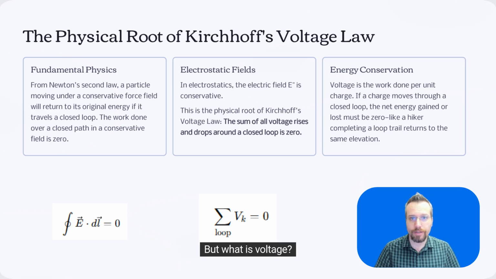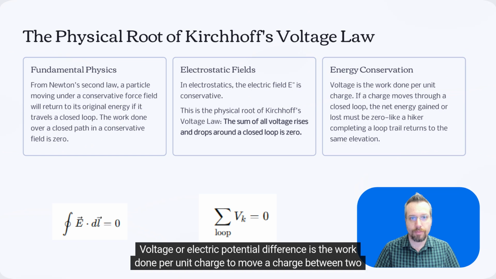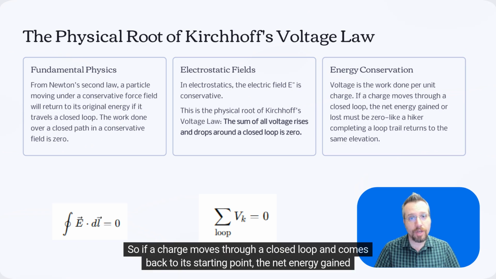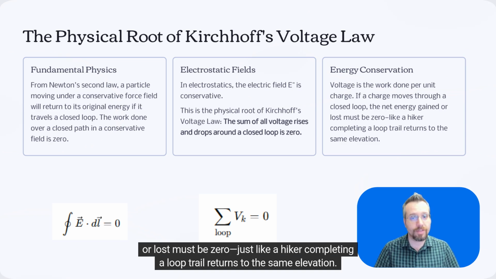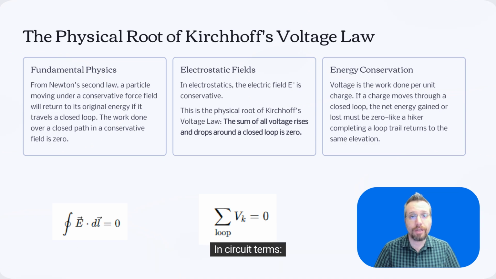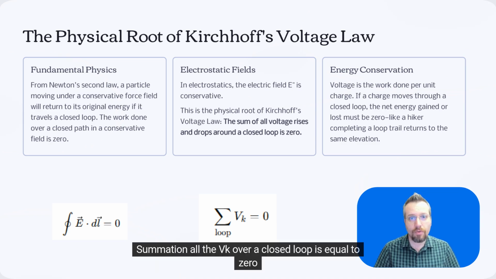But what is voltage? Voltage, or electric potential difference, is the work done per unit charge to move a charge between 2 points. So if a charge moves through a closed loop and comes back to its starting point, the net energy gained or lost must be 0, just like a hiker completing a loop trail returns to the same elevation. In circuit terms, the summation of all V_k over a closed loop is equal to 0.